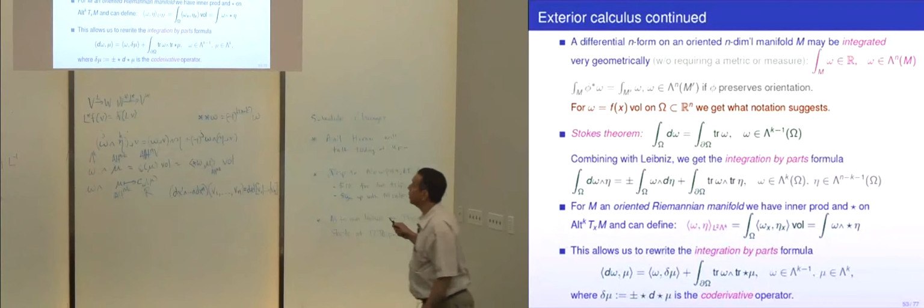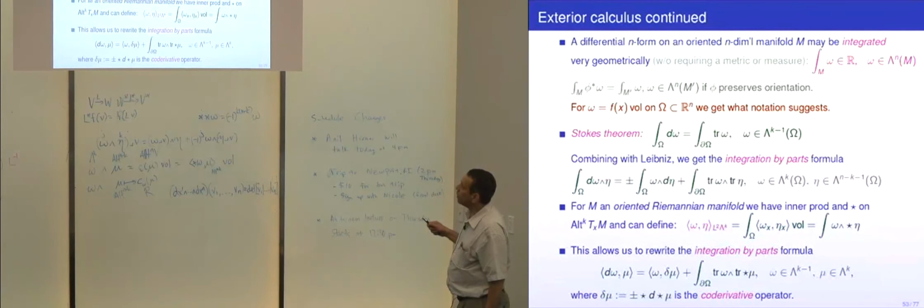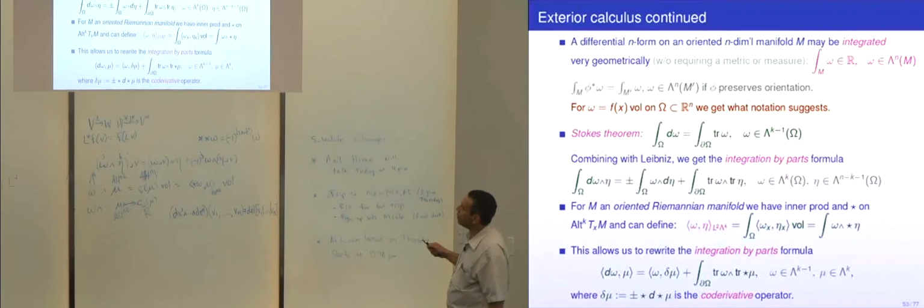And then this is the natural context for Stokes' theorem, in which Stokes' theorem becomes a pretty easy theorem. So now we take a k minus 1 form. If you take the exterior derivative, it's a k form. If omega is a k-dimensional manifold, you can integrate it.